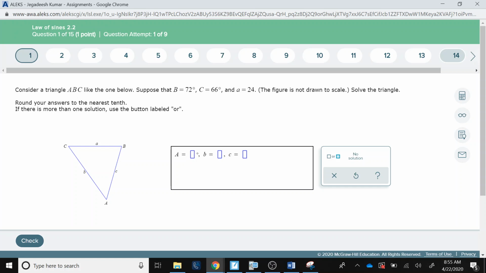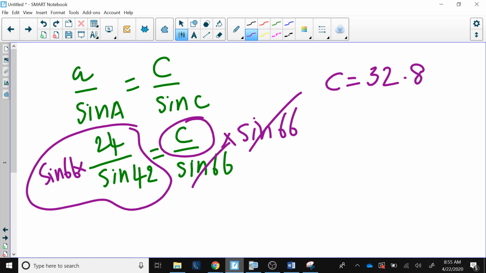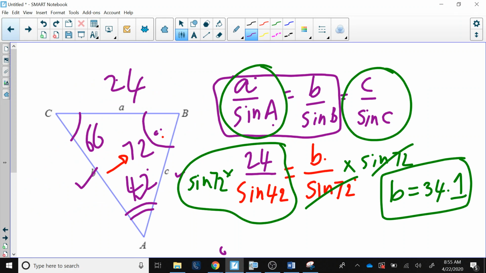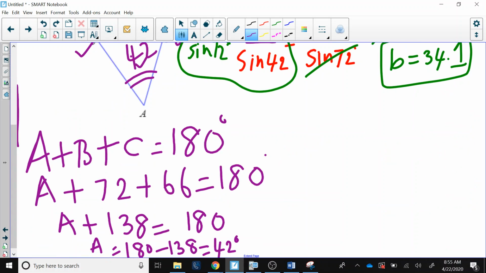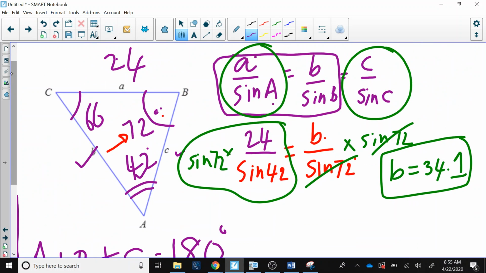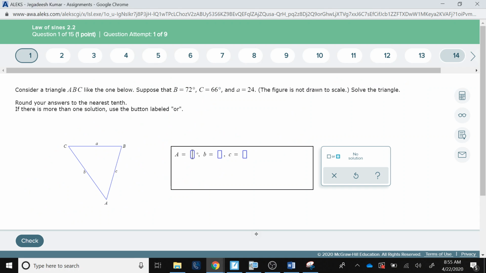The question says round your answer to the nearest tenth. So my answers: angle A is 42, side b is 34.1, and side c is 32.8.